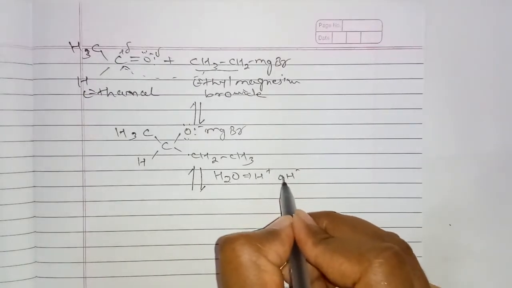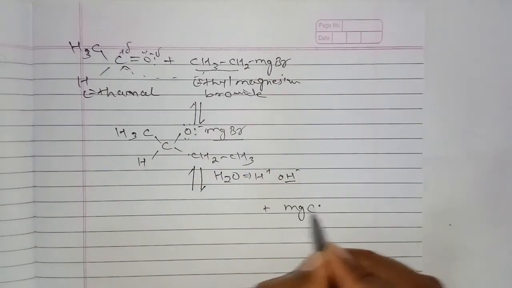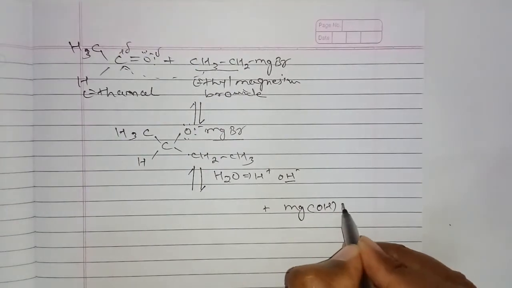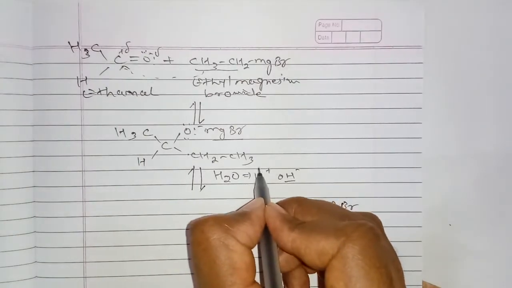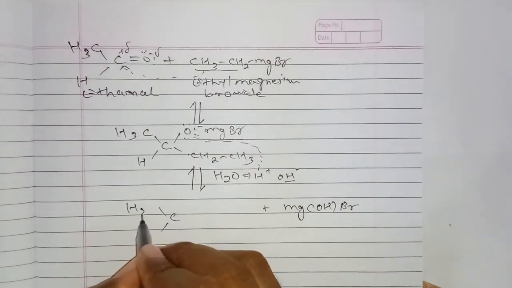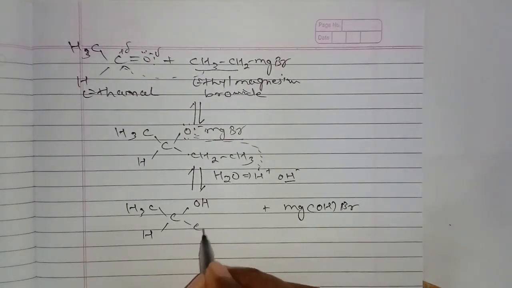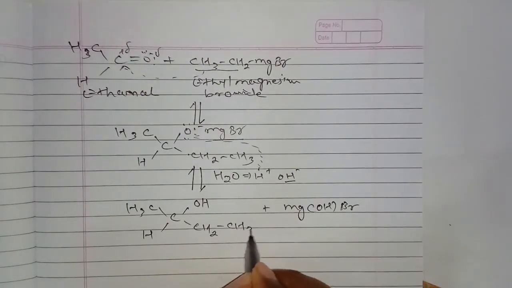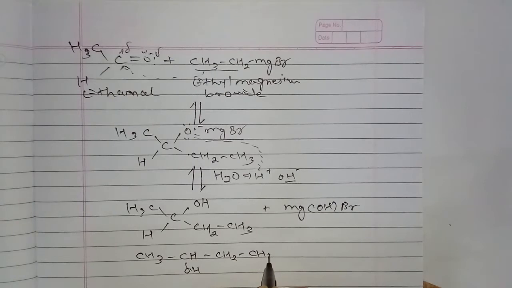OH will attach with the MgBr and form MgOH Br, and H plus will be attached with the oxygen, CH3 H OH and CH2CH3. Now it's simplified, CH3 CH OH CH2 CH3.